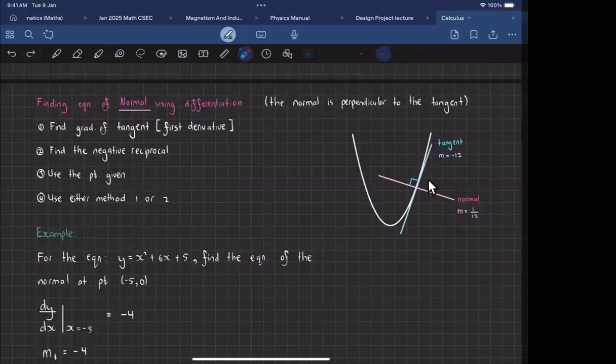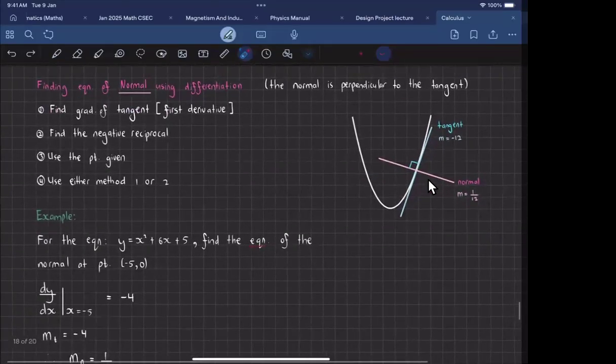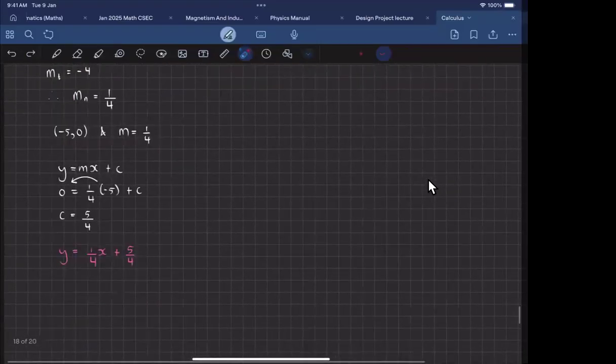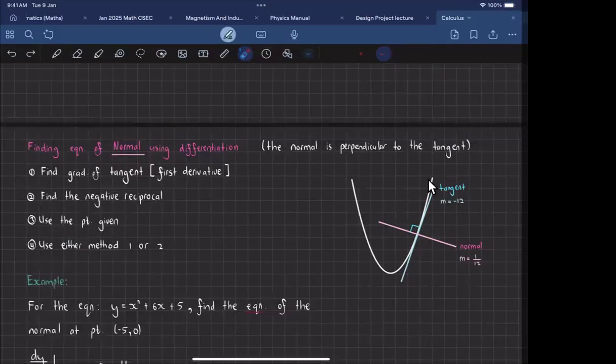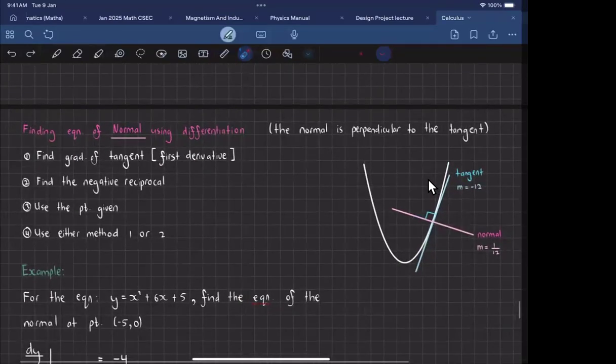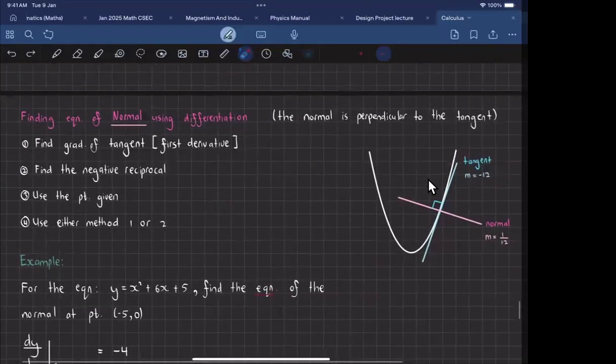You use the points given, and you could use either method 1 or method 2 to find the equation of the normal. That's what we're going to do. So I would like you all to copy this down, the graph as well, because the graph will help you all understand what's going on. As well as the example. So copy everything on the screen right now.